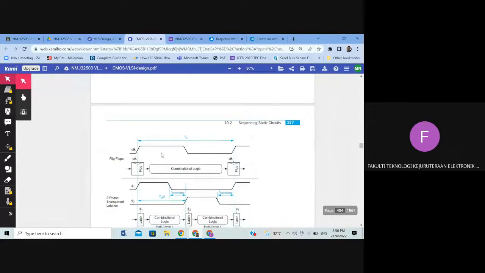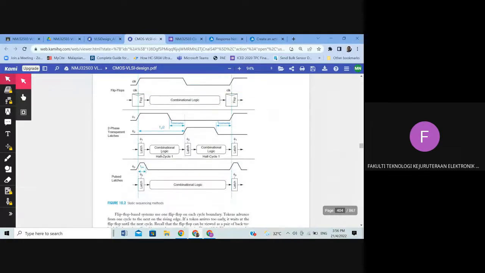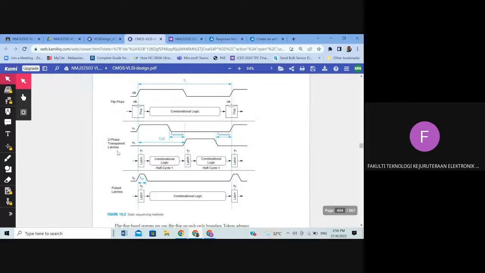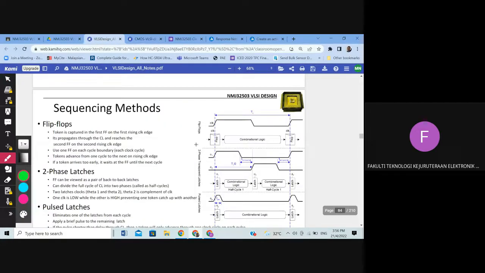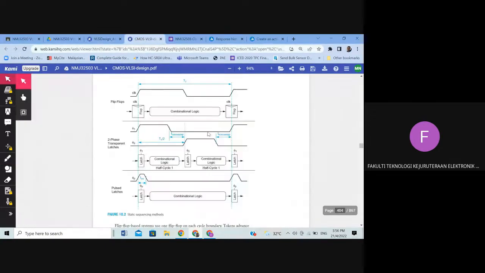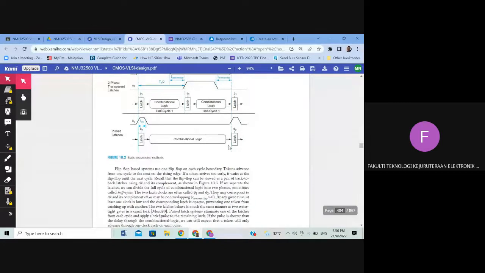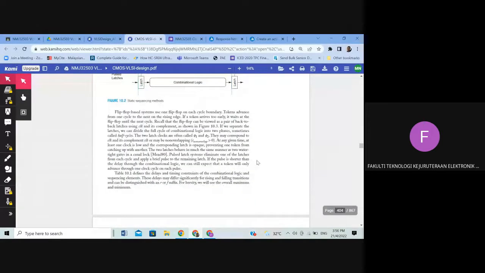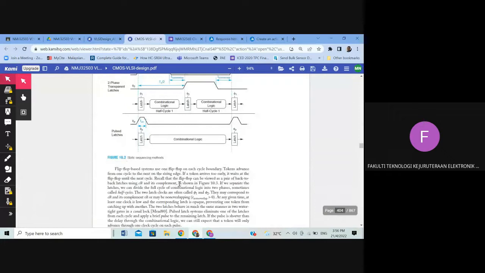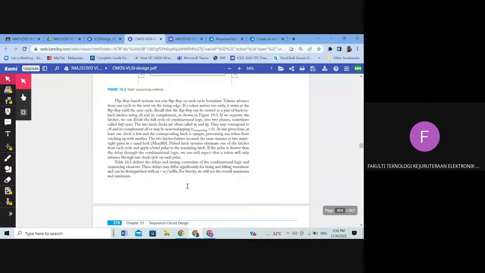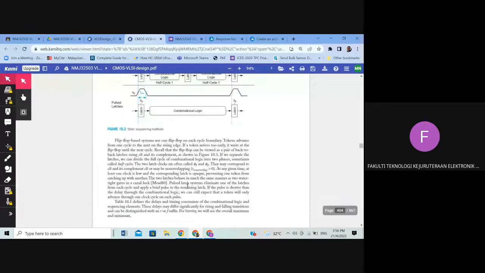If you can see, flip-flop, two-phase transparent latch, and pulsed latch. You go back, they are the same. I give you time to read this page, about 5 minutes break, and during that break you read this, and then we shall discuss after you come back.